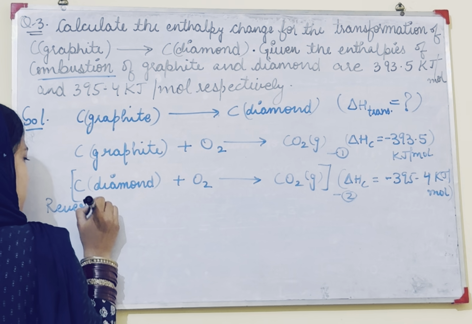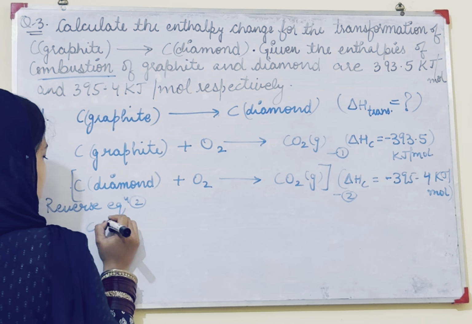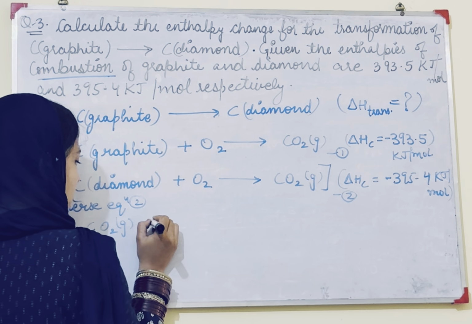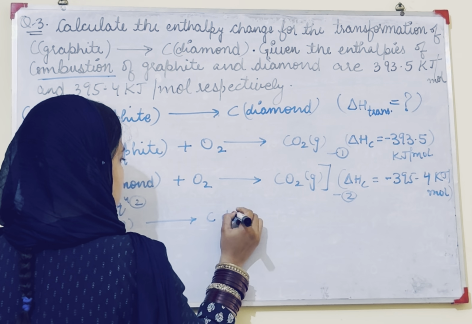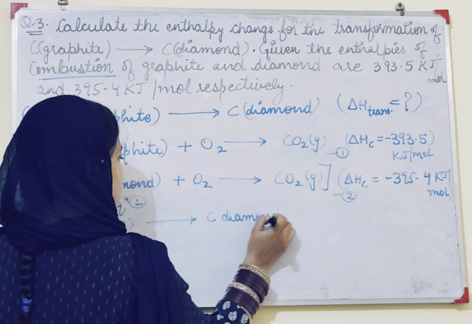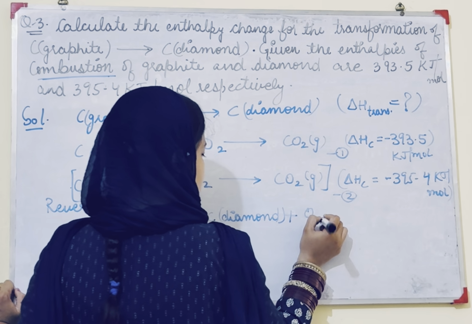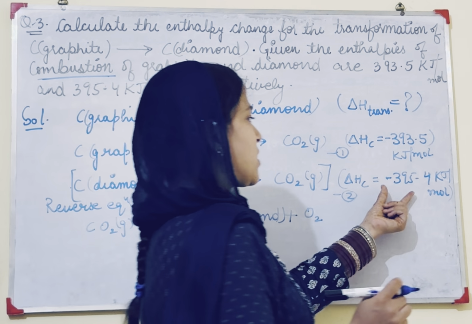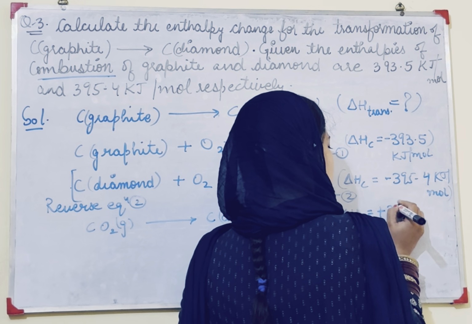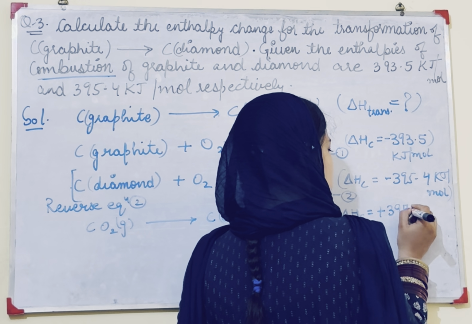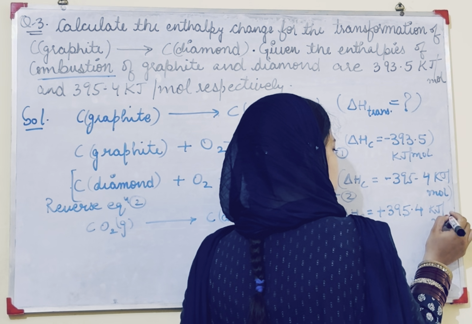Reverse equation 2. Now what will we get? CO2 gas will be converted to carbon diamond plus oxygen. Now if we reverse the reaction, the sign of delta H will also get reversed, plus 395.4 kilojoule per mole.